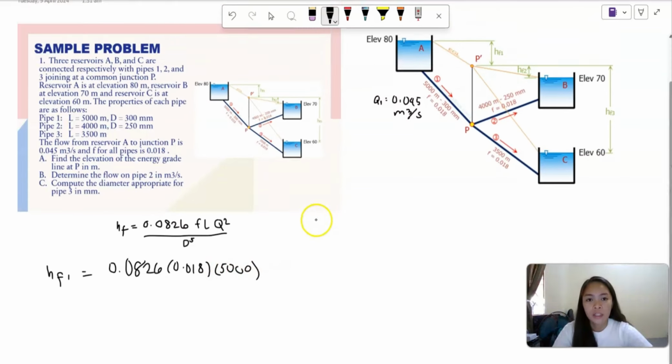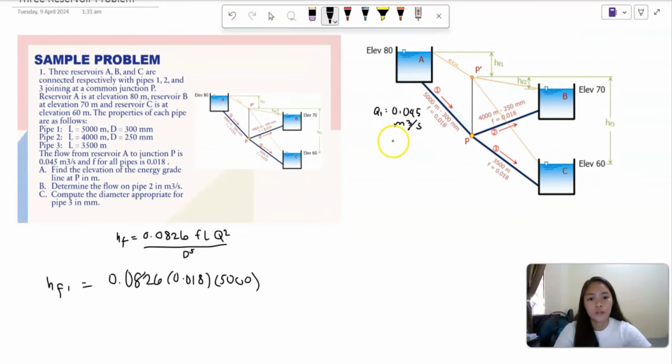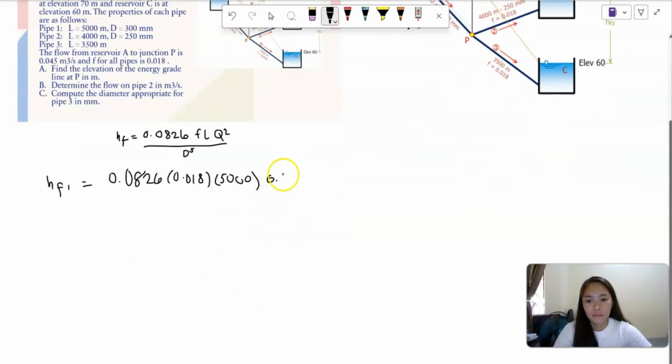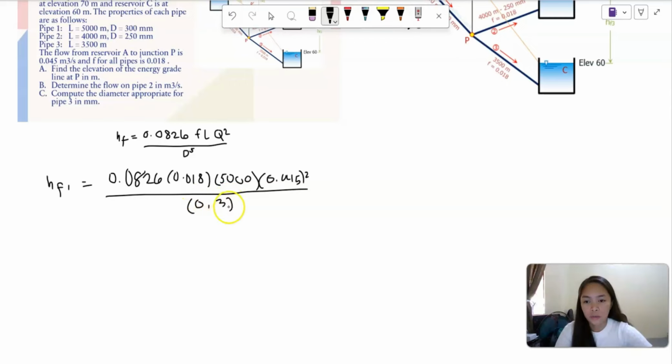Q sub 1 is given, so 0.045 squared over the diameter of pipe 1, which is 0.3, so 0.3 raised to 5. The answer for this, if we input in the calculator, is 6.195 meters.